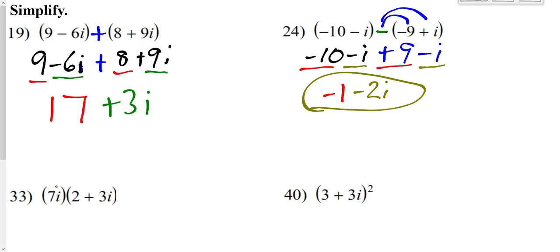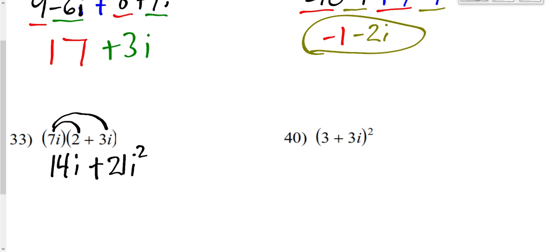Down here, all we have to do is just distribute into here. 7i times 2 would be 14 of the i's, plus 7i times 3i would be 21 of the i squared, because i times i is i squared. Oh! Remember, i squared from our first slide is really a negative 1.